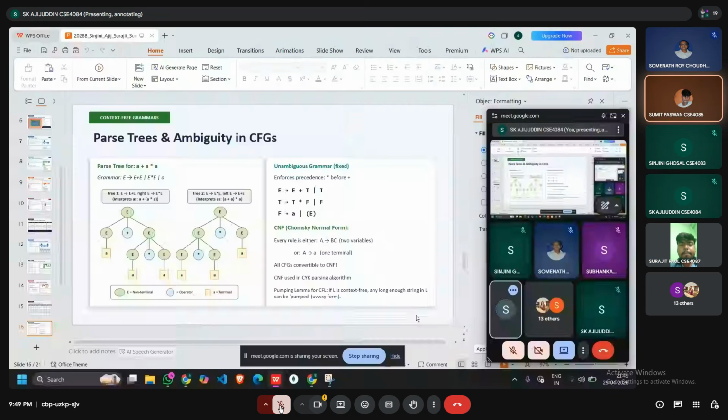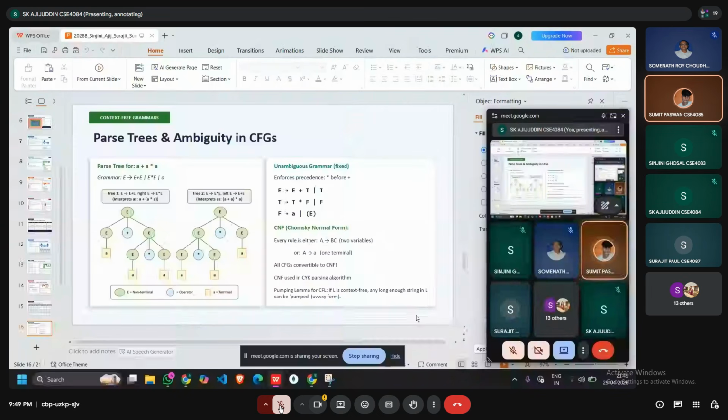Yes. So my topic is parse trees and ambiguity in CFGs. So there are parse trees for the grammar E → E + E | E * E | a. And now the unambiguous grammar fix enforces precedence: E → E + T, T → T * F. CNF, Chomsky normal form.